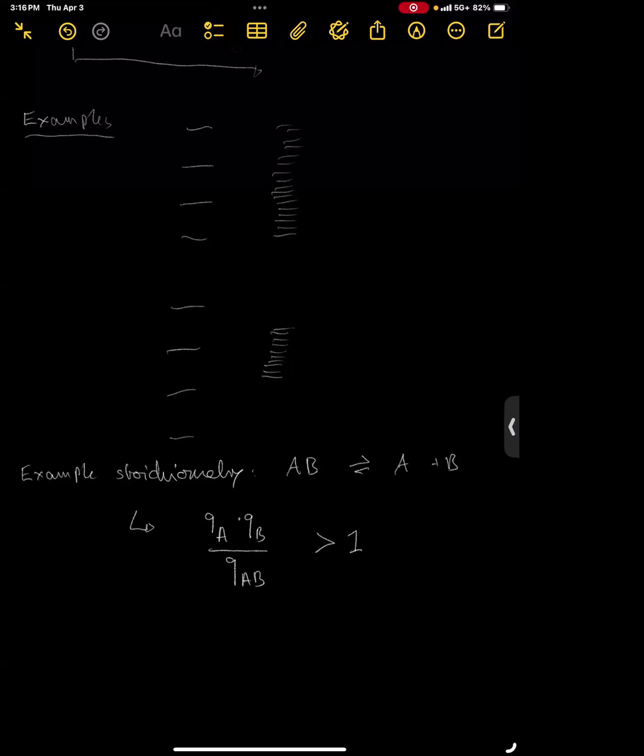Even though maybe AB has more states, still the product of QA and QB will win. And so that means that our delta S will be much larger than 0, right? So the stoichiometry really can drive your reaction.